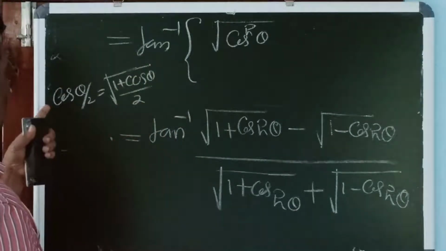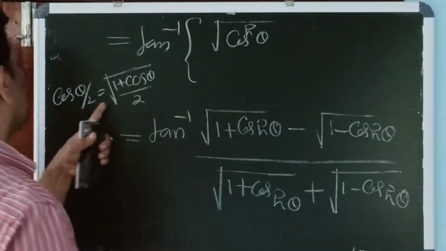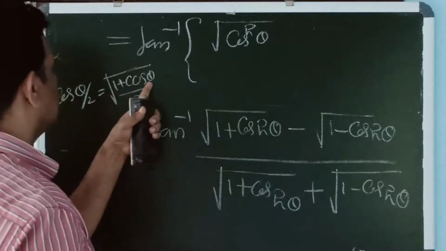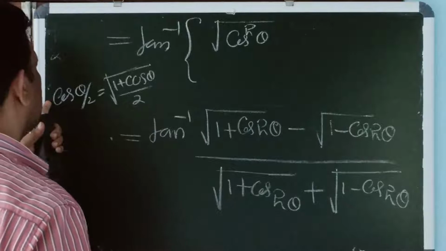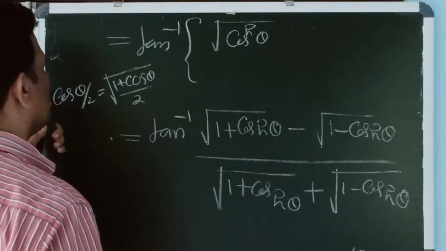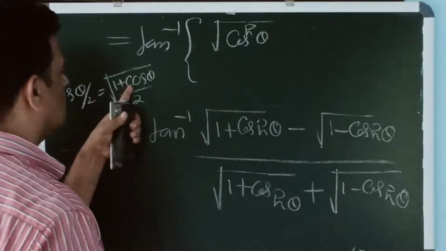Then squaring, we get cos square theta by 2 is equal to (1 plus cos theta) by 2. Then cross multiply, we get 2 cos square theta by 2 is equal to 1 plus cos theta, so 2 cos square theta is 1 plus cos 2 theta.